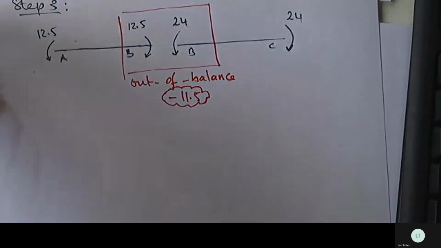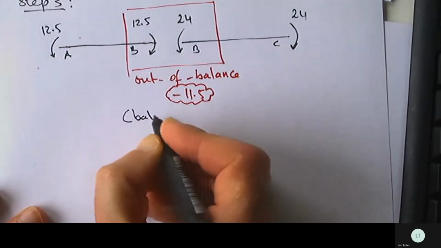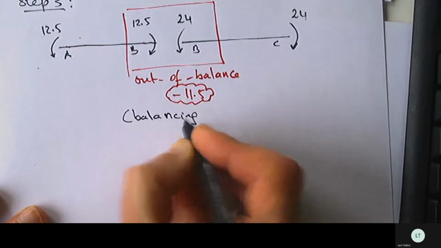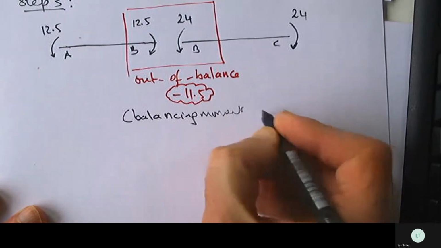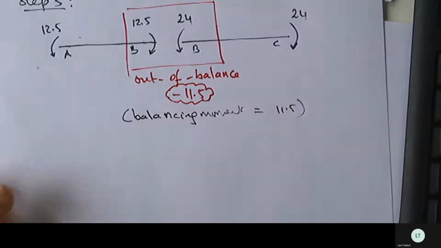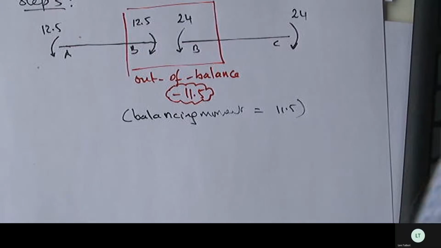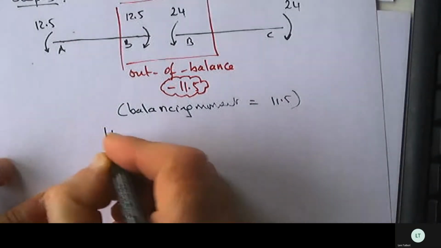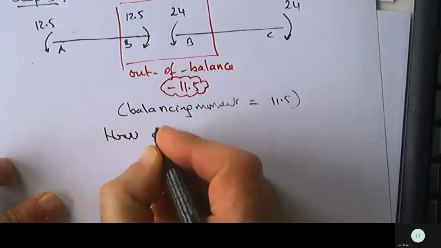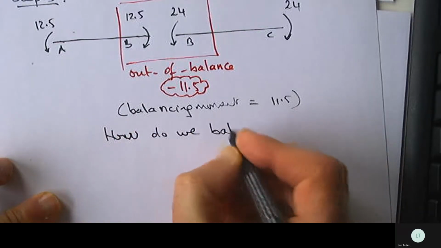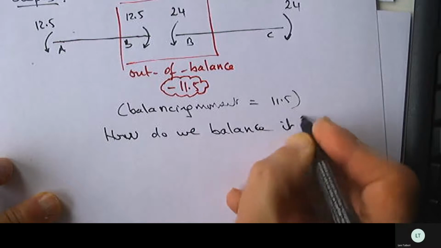So I put between brackets here, balancing moment equals 11.5. So you have the out of balance and you have what you need to make it balanced. Is that right? Now, the question is, how do we balance it? That's the question.